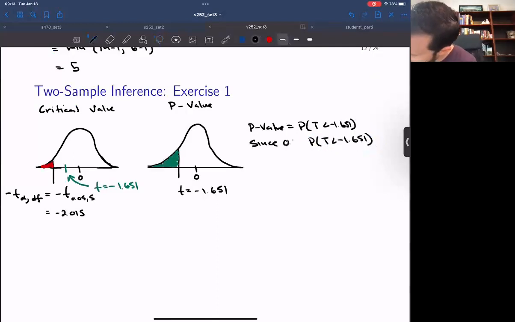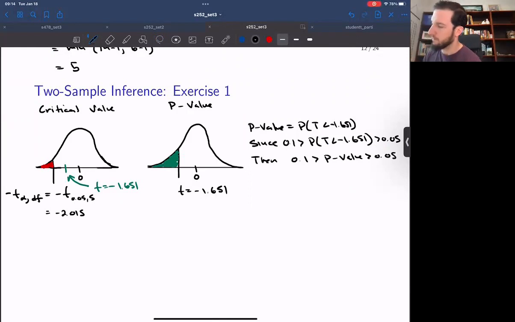Since 0.1 is greater than the probability that a t-value is less than negative 1.651, which is greater than 0.05, then 0.1 is greater than the p-value, which is greater than 0.05.